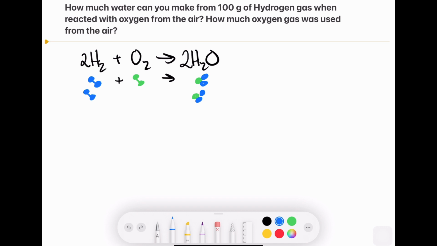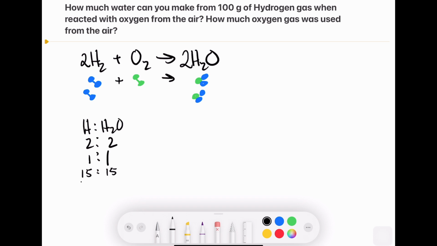But we don't usually deal in that, right? We're dealing with much, much, much larger numbers of actual molecules so that we get into looking at things in grams. But the ratio here is what's important. So if we look at those, we can see here that the hydrogen to water ratio is a 2-to-2 ratio. You need two of those and you'll make two, which, if we reduce that, is just a 1-to-1 ratio, which is great. It doesn't matter then if I had, say, 15, I would make 15 waters.